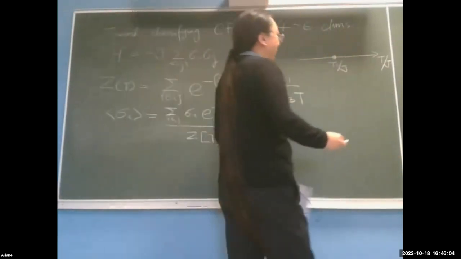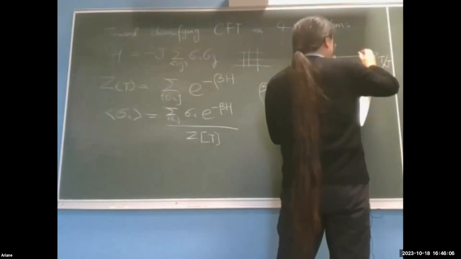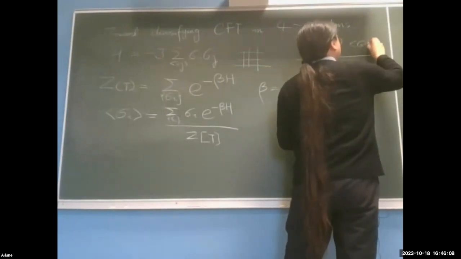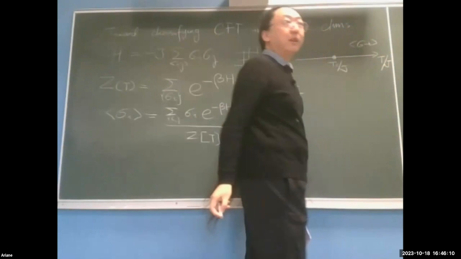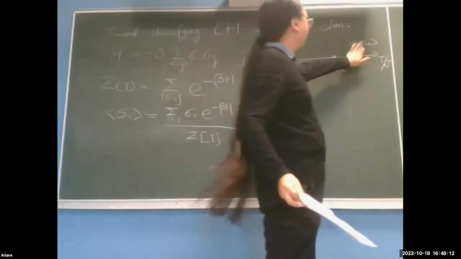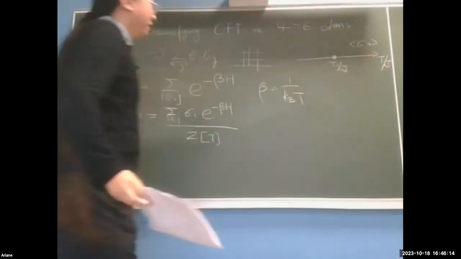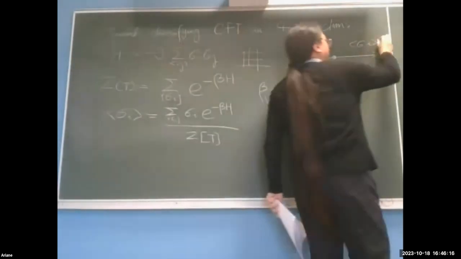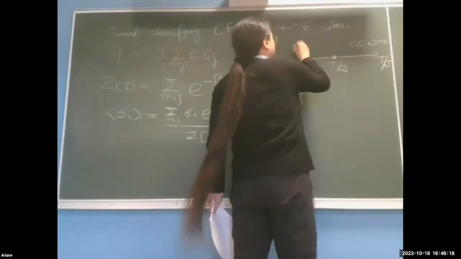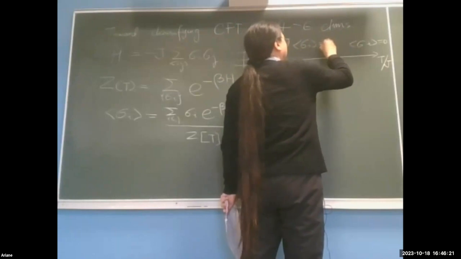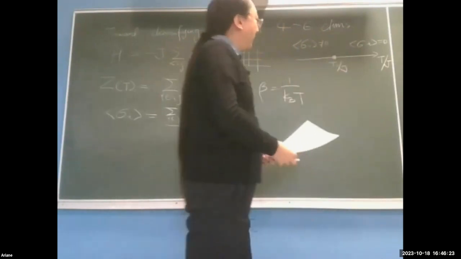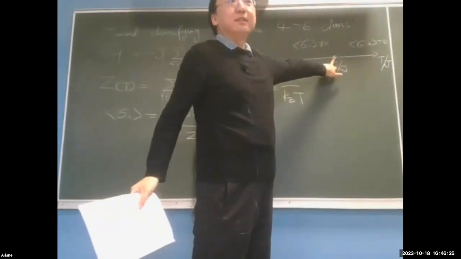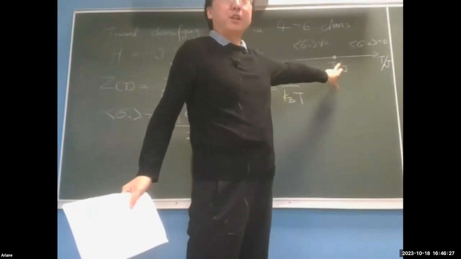Basically, above this Tc, we have a vanishing expectation value for the one-point function. This one-point function I defined here is equal to 0. Below that, I have my one-point function not equal to 0. And in between, there is a transition, which we care about.